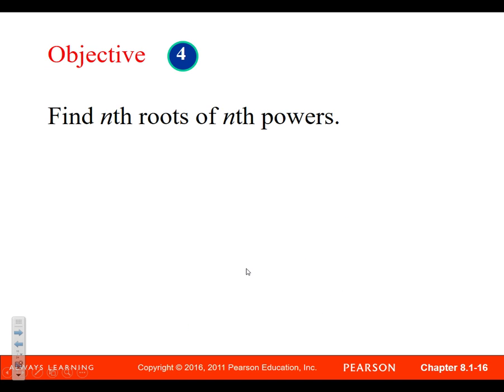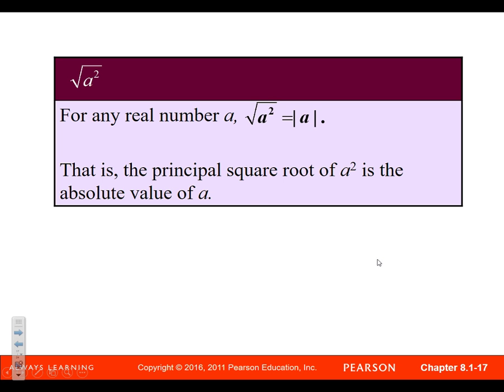All right, finding the nth root of nth powers. And you're going to need some rules, so write these rules down. Now, for any real number a, the square root of a squared is the absolute value of a.